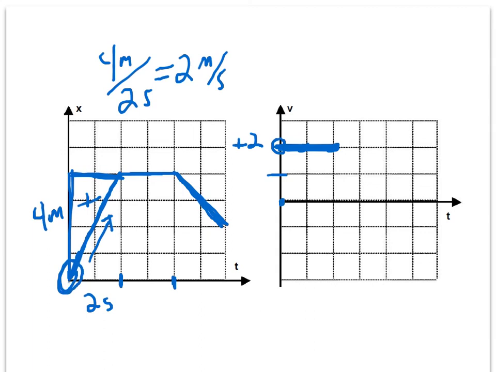Okay, this middle section right here, this is easy because if you look at it, there's no rise right there. So if you want to be fancy about it and write out the equation, the rise is 0 meters, right, because it doesn't go up or down. The run is 2 seconds, so 0 divided by anything is 0.